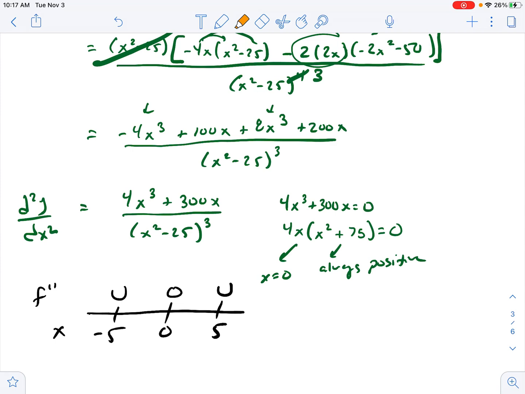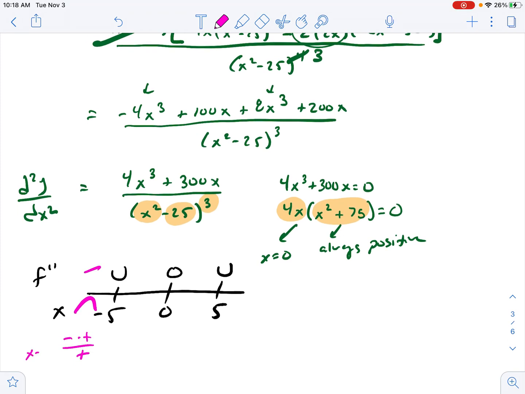If I take a number less than -5, let's see. Negative times a positive in the numerator is a negative. If this is less than -5, like -6, that's going to be 36 minus 25 is positive, and a positive number cubed is positive. So we got negative times positive over positive here. That's a negative, we're concave down.